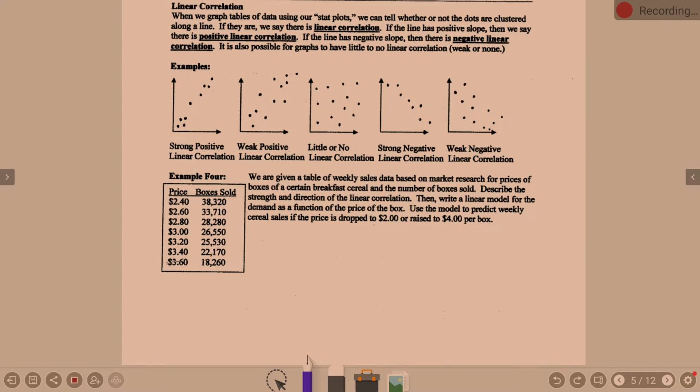That linear correlation could be a positive correlation or a negative correlation, depending on if they're going the direction of a positive slope or a negative slope. It is also possible for the graphs to have little or no linear correlation. This specific example talks about how you can have a strong correlation or a weak correlation, just how well those points are clustered around the line.